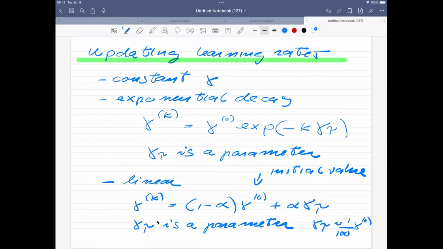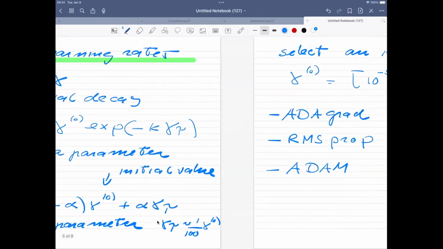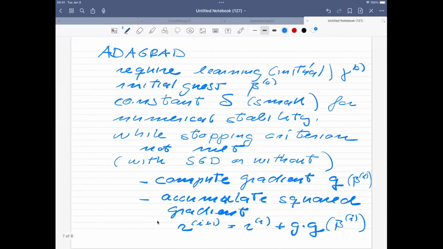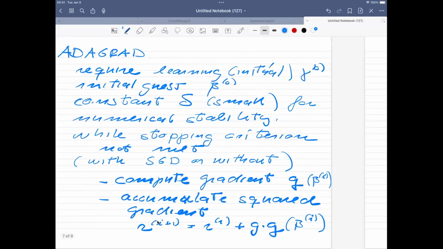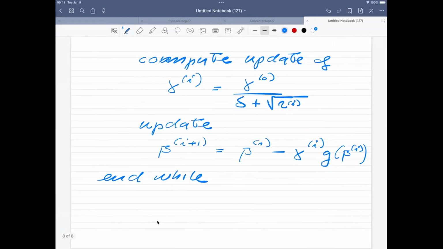So Ada-Grad is a way to simply bake in some information about the gradients. What we are doing now is to reduce this gamma 0, which we start with, and make it smaller. And every iteration which we do will now give us a gamma which will be different for the different parameters beta.